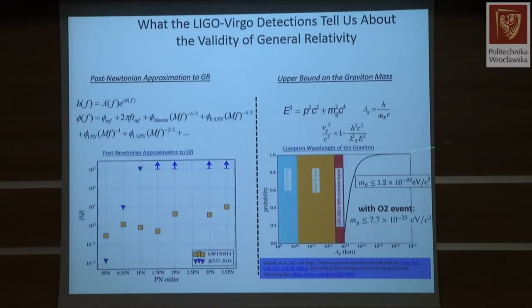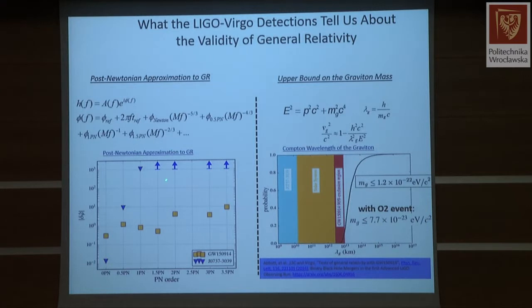Next are some other things that you can do with the observation of gravitational waves. These are, of course, the tests of general relativity. What is shown here is the phase of the gravitational wave signal, which is now known, calculated not only numerically but also analytically at high orders in the so-called post-Newtonian approximation.